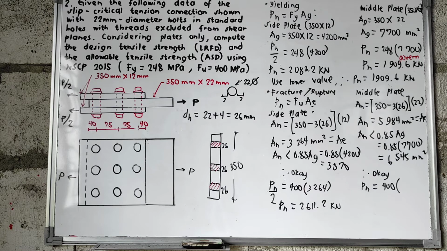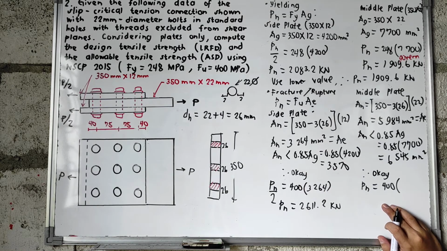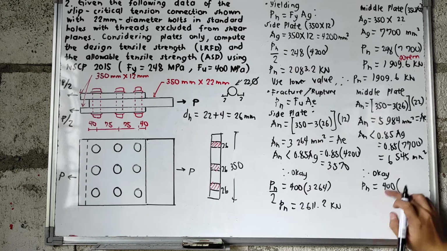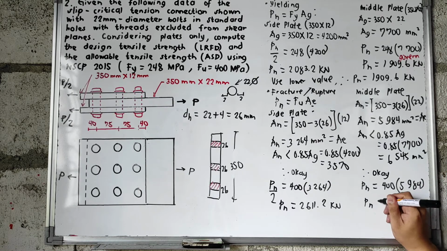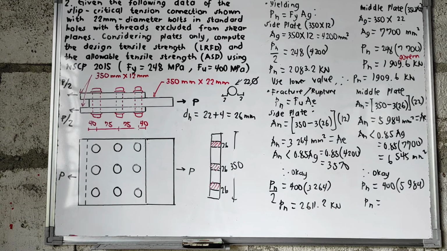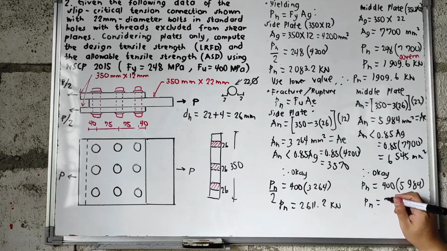So, for this one, we are going to use the effective net area, which is equal to 5,984. So, P sub n, that is equal to 2,393.6 kilonewton.